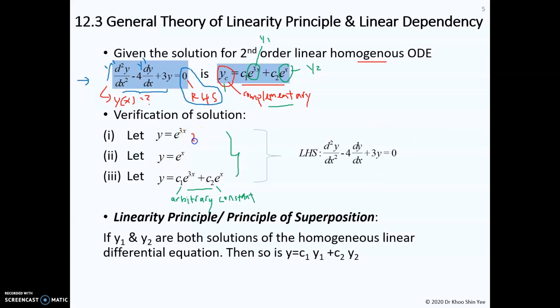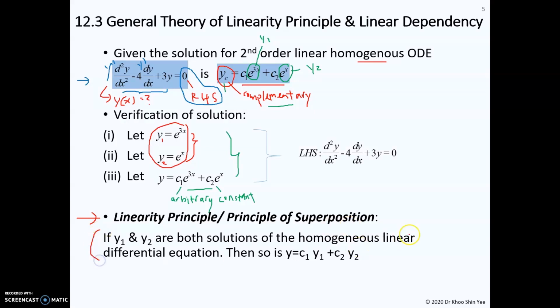In this example, we have succeeded in verifying that y1 and y2 here are solutions to this second order linear homogeneous ODE. We can combine these two solutions to obtain the total complementary solution for the homogeneous ODE here. So this can be done by using the linearity principle, or the principle of superposition.